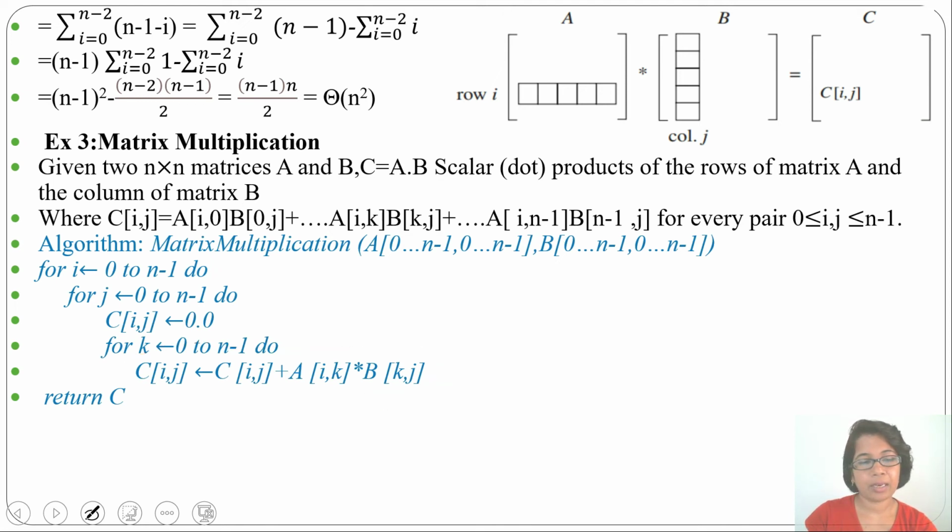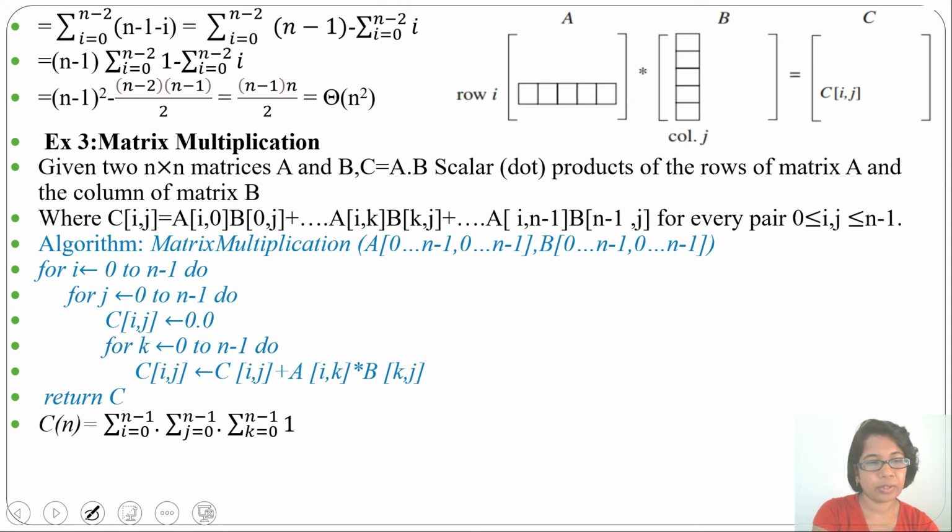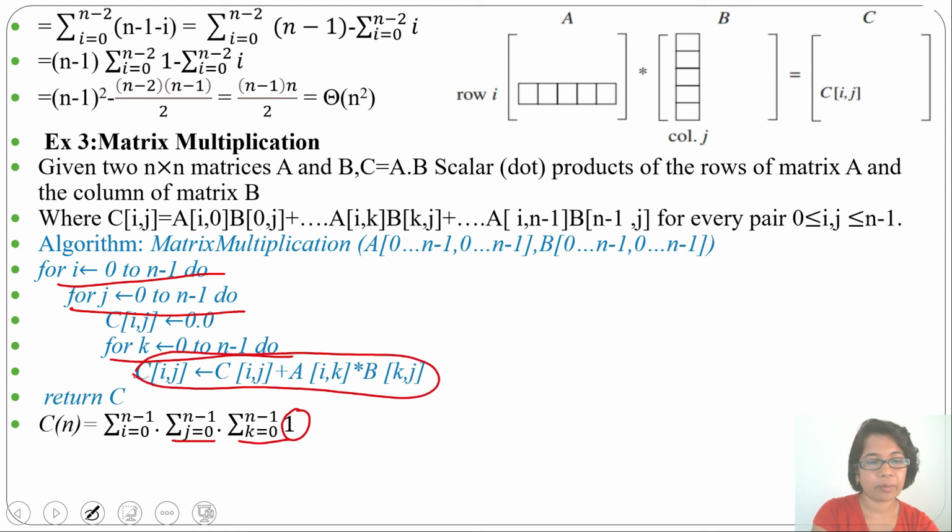So now we'll analyze this algorithm. There are three for loops, that's why there will be three sigma symbols, three sums. So sum of i ranging from 0 to n minus 1 for the first for loop, then sum of j from 0 to n minus 1 for the second for loop, then sum of k from 0 to n minus 1 for the third for loop, and here 1 is due to one basic operation.